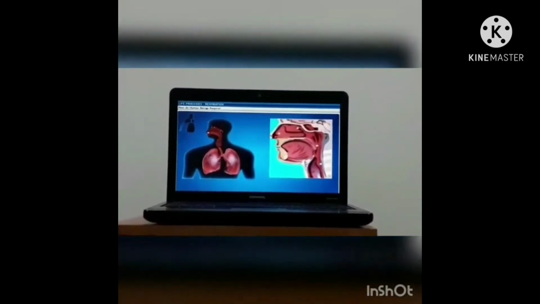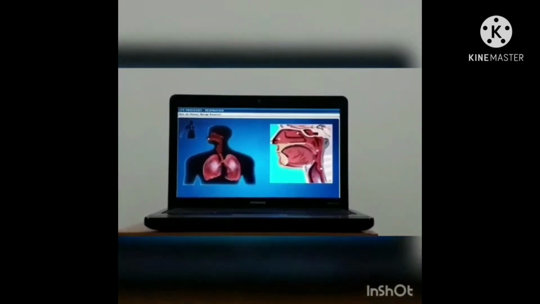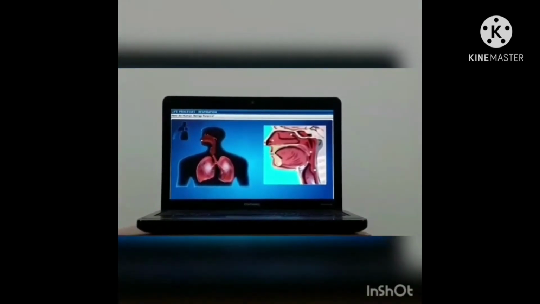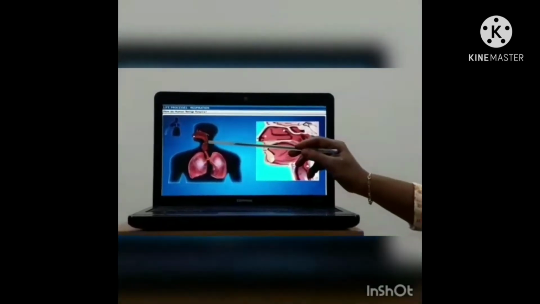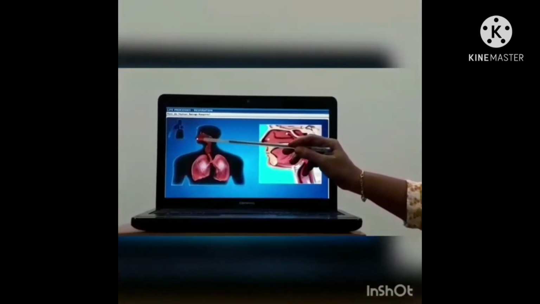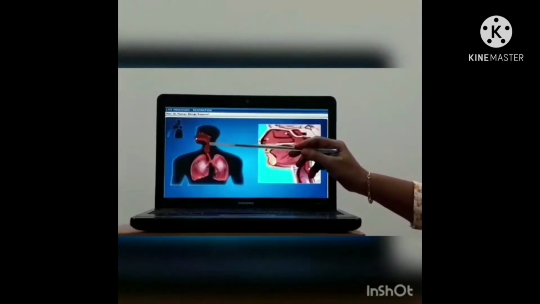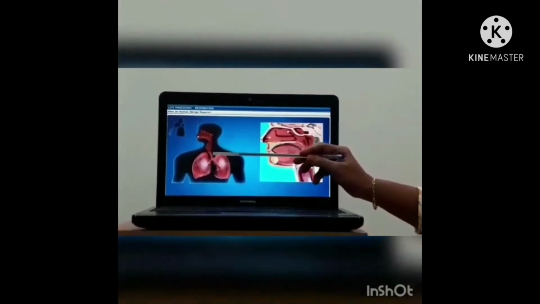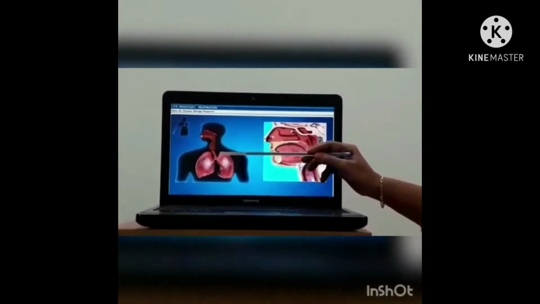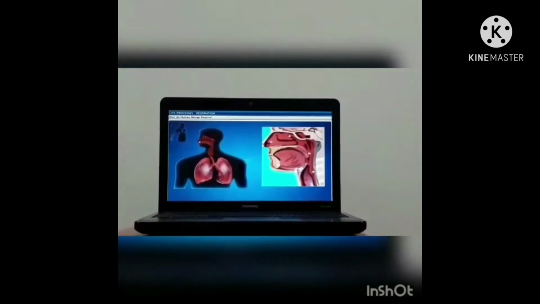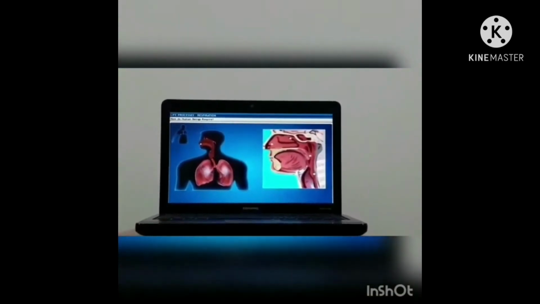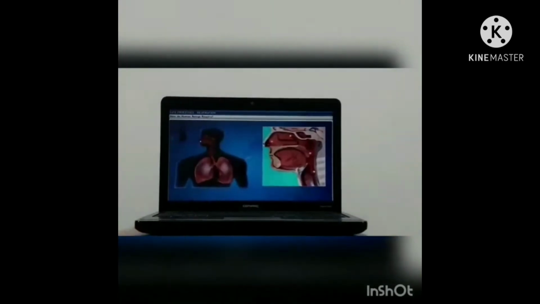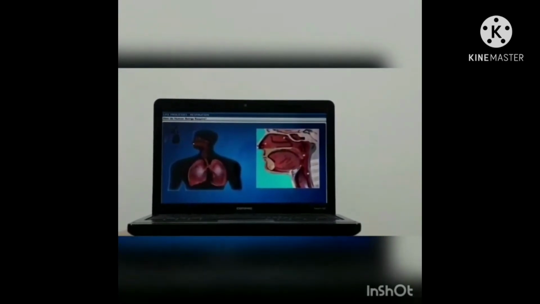The respiratory tract consists of a pair of external nostrils, a pair of nasal cavities, pharynx, larynx, trachea, bronchi, bronchioles, and these bronchioles branch inside the lungs.